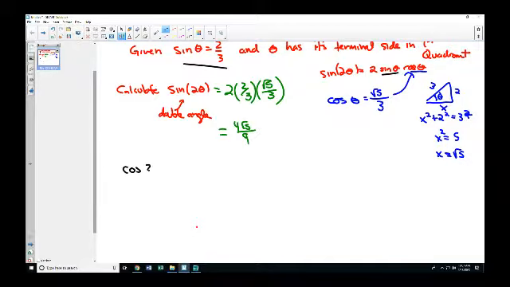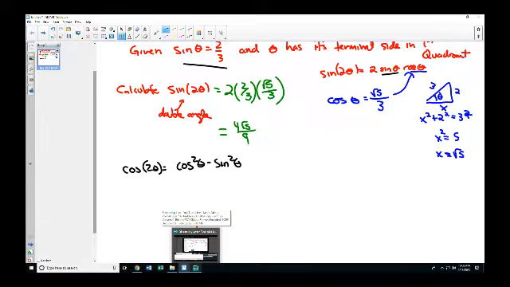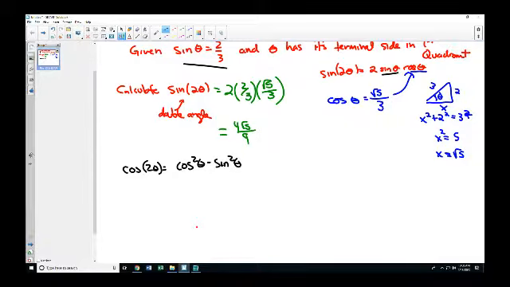Cosine has 3 different double angle identities you can use. There's one of them. Don't confuse it with the Pythagorean identity. It's not plus, it's minus.